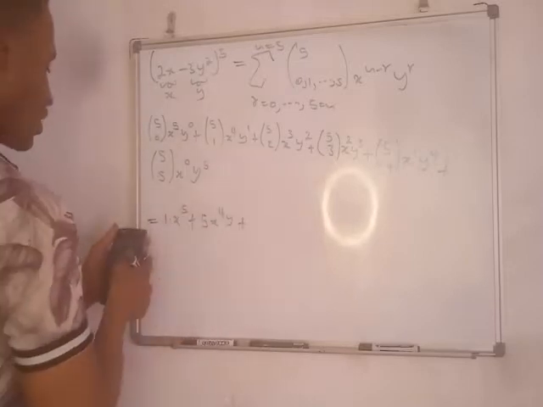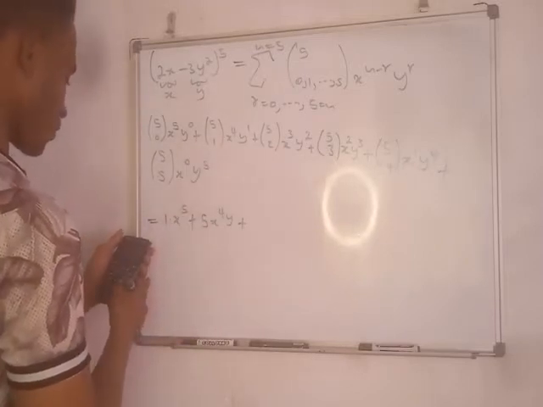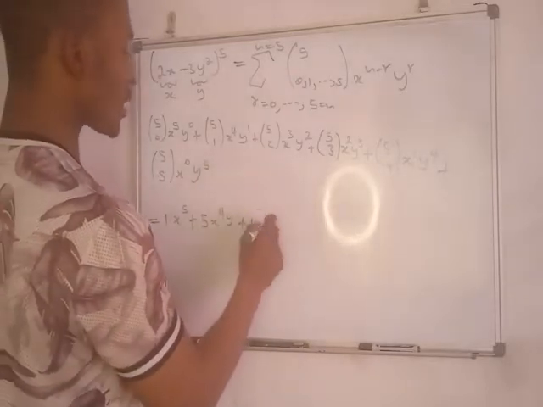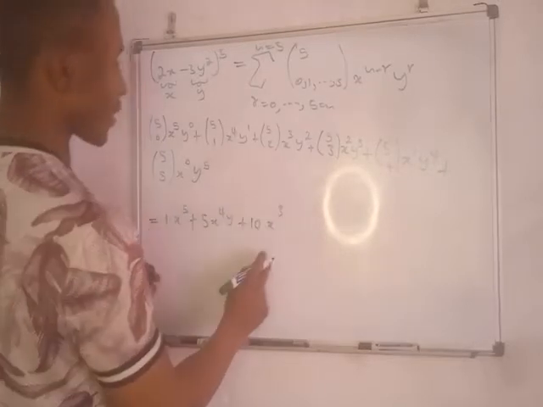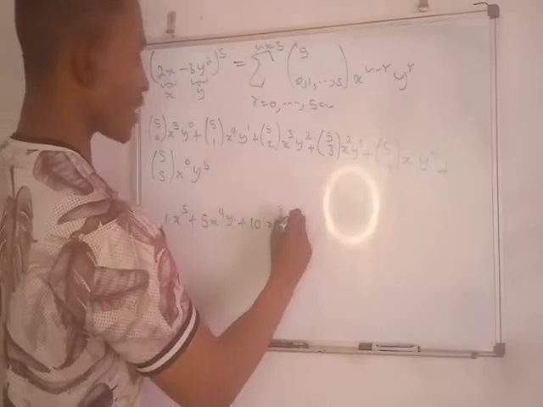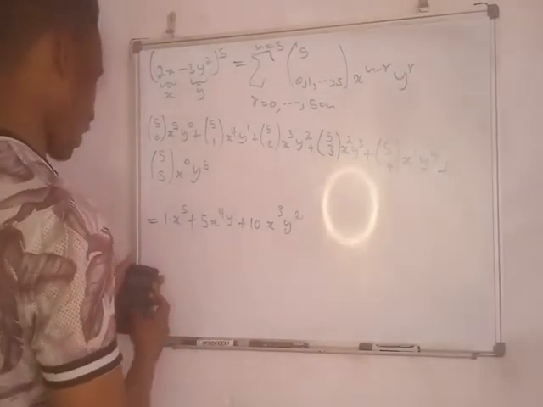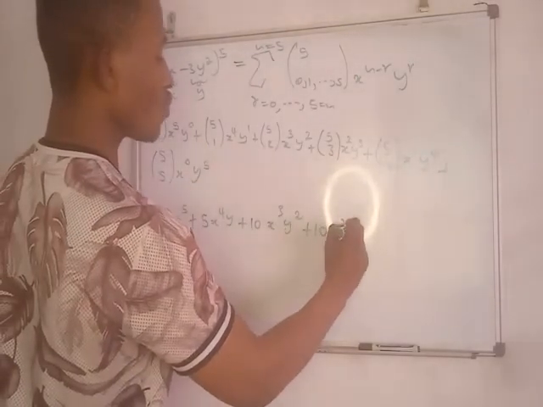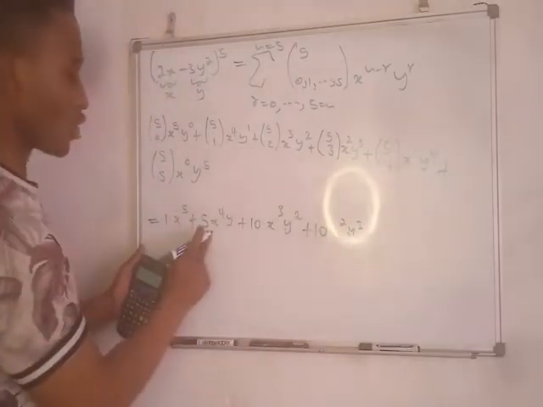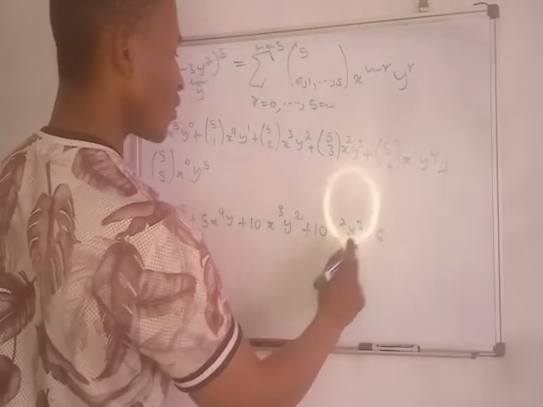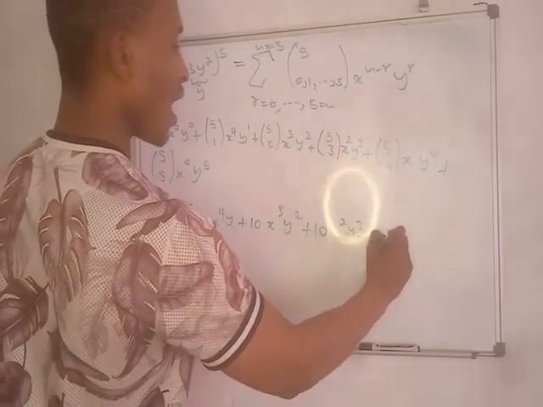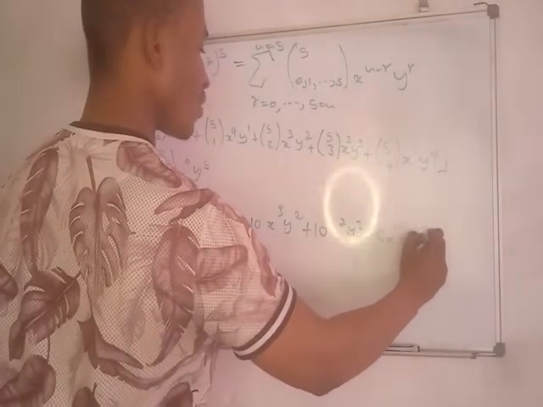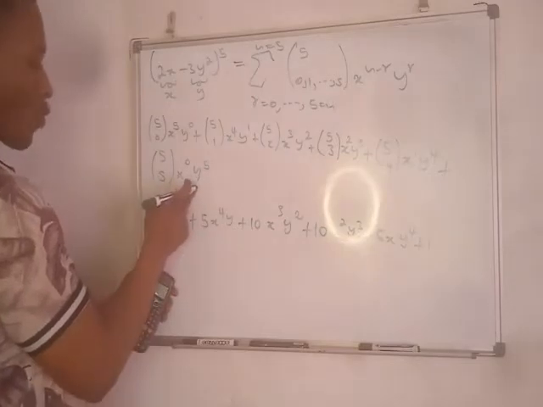Plus 5 combination 2 is 10, x to the exponent 3 and y to the exponent 2. 5 combination 3 is also 10, it's repeating, x squared, y to the exponent 3. Plus 5 combination 4 is 5, x and y to the 4. And it will go to 1, which will just be my y to the 5.